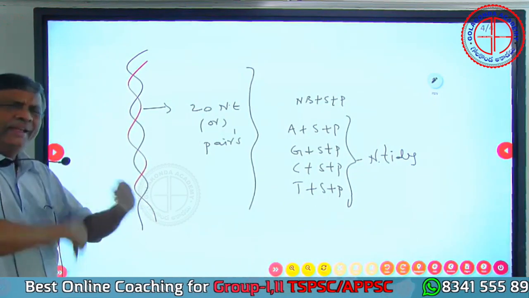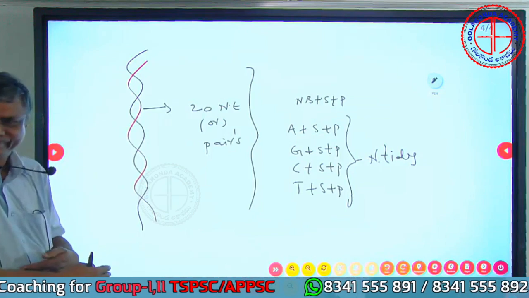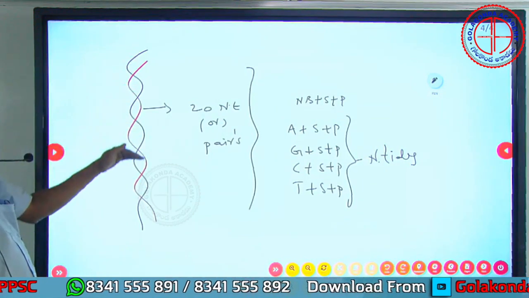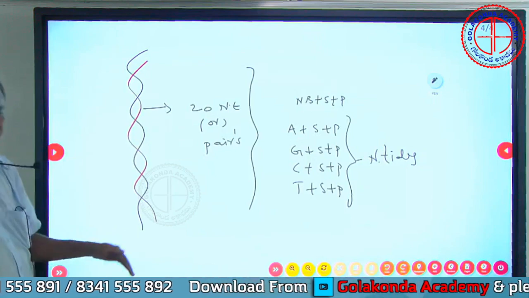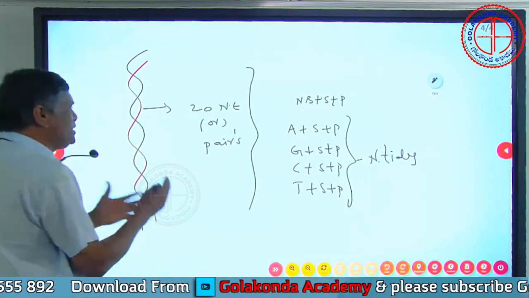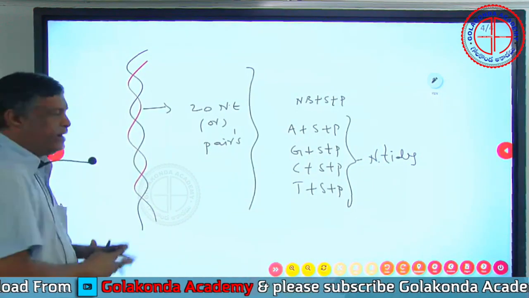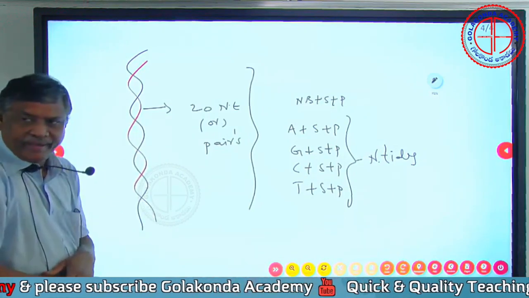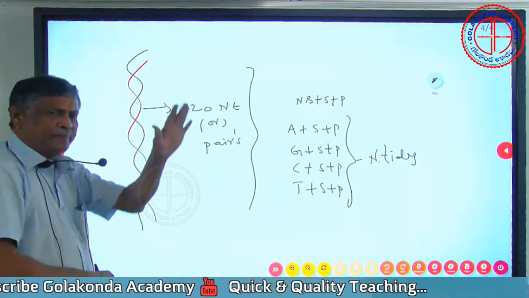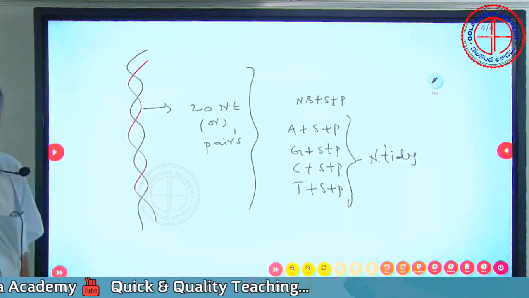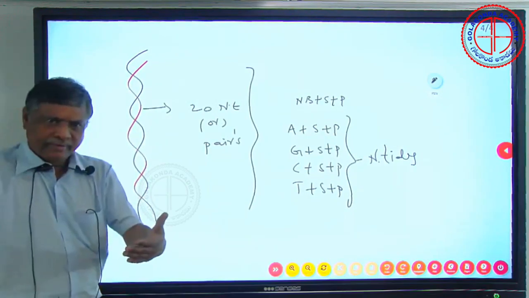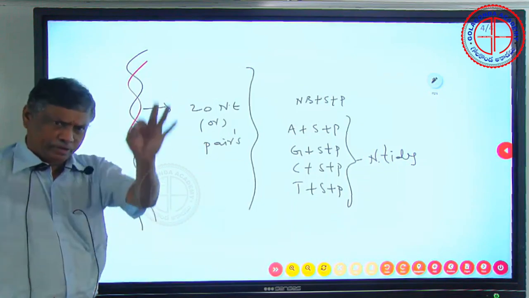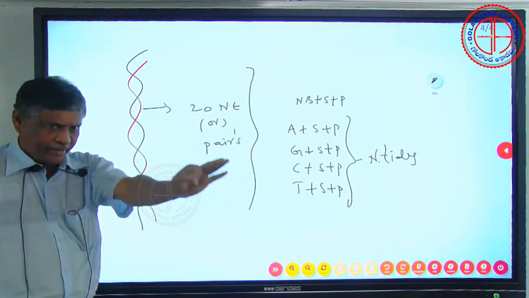Repeatedly, again and again, alternating, they are arranged in the coils of the DNA, and always in paired nature. Each and every coil of the DNA is filled with 20 nucleotides, which is nothing but 10 pairs. Today we are getting clarity regarding the DNA structure: a coil filled with 20 nucleotides or 10 pairs.